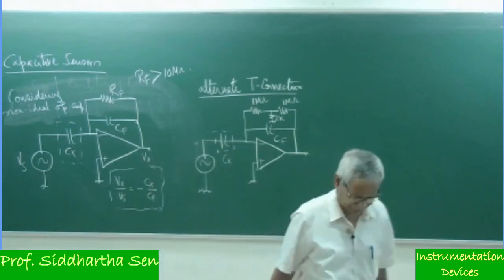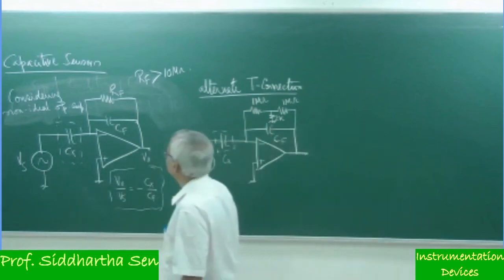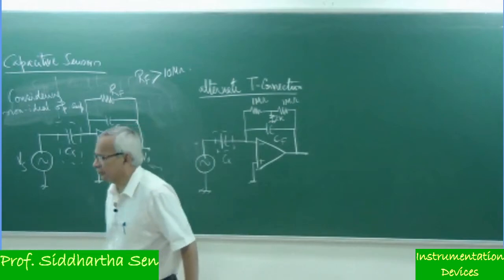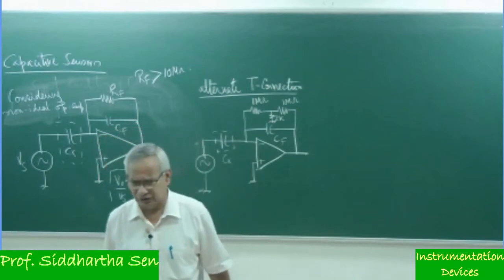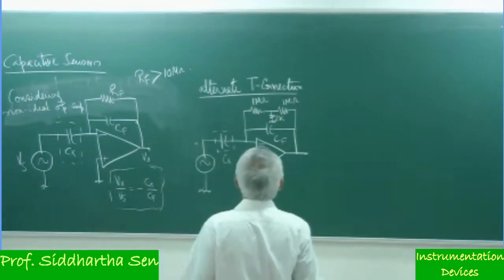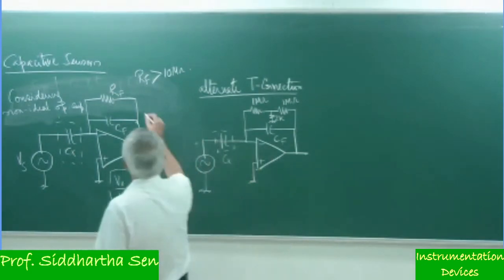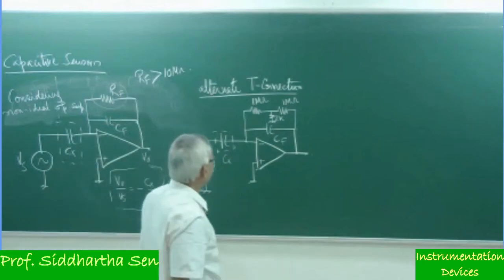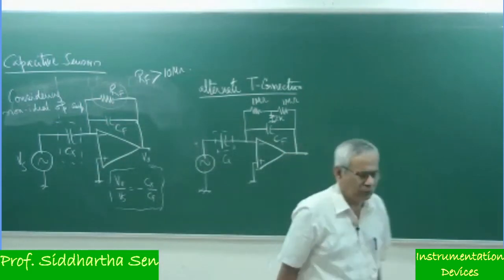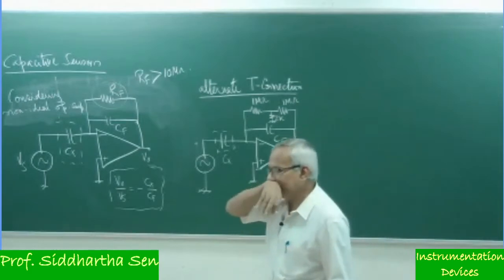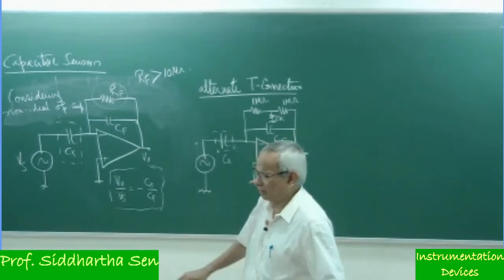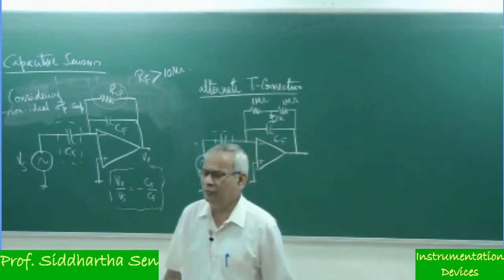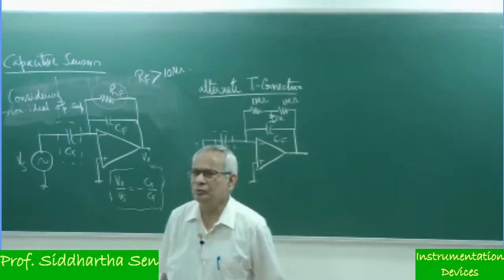In this figure, getting a very high value of resistance is sometimes difficult. Instead of placing only one RF, we can configure three resistances of much smaller value, say 1 mega ohm, 1 mega ohm, and 2 kilo ohm.